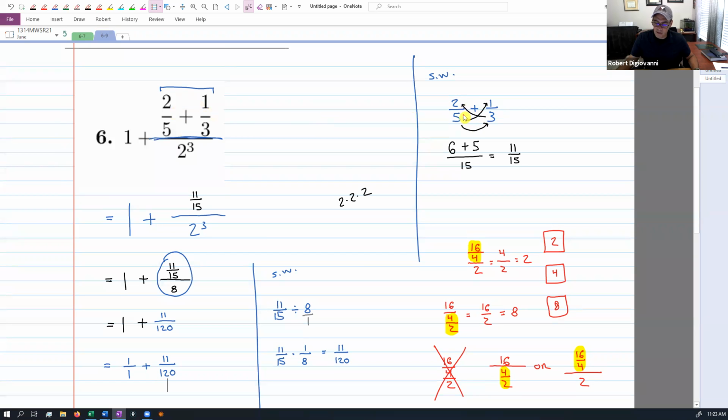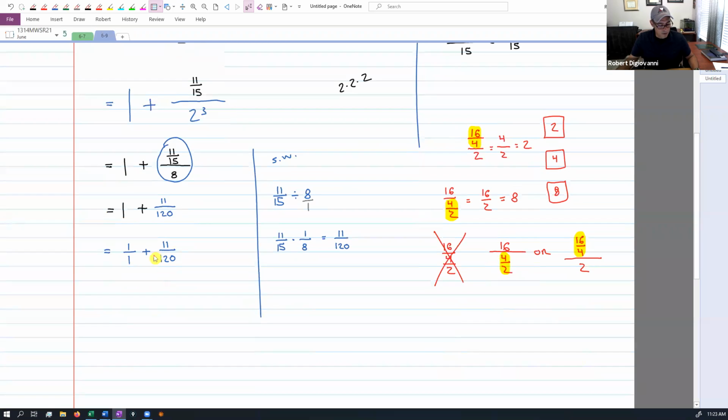I did that little multiply, go across thing. I'm going to do that here. So I'm going to multiply that times that. That gives me 120. 1 times 11, so I'm going to add to that 11. And then I'm going to divide that by these two multiplied, which is going to be 120. So I should get 131 over 120.